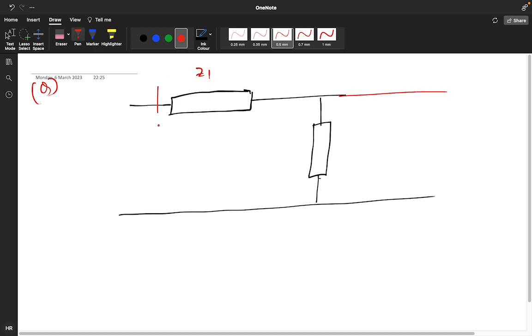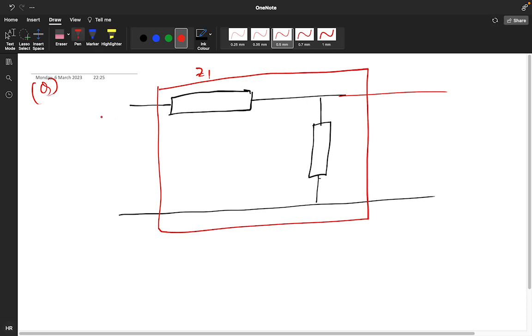This is your two-port network. This is positive negative V1, this is positive negative V2. I1 current is coming, I1 current is leaving, I2 current is coming, I2 current is leaving.